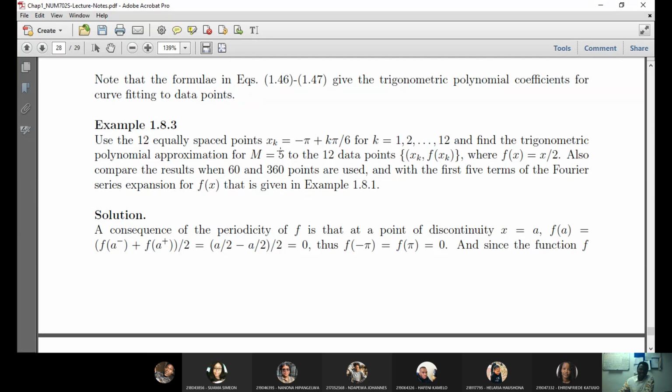So twice 5, which is 10, is less than 11. So we are done. It's correct. Actually, if you want to keep the correct notation, you can take that from 0 to 11: 1, 2, 11.